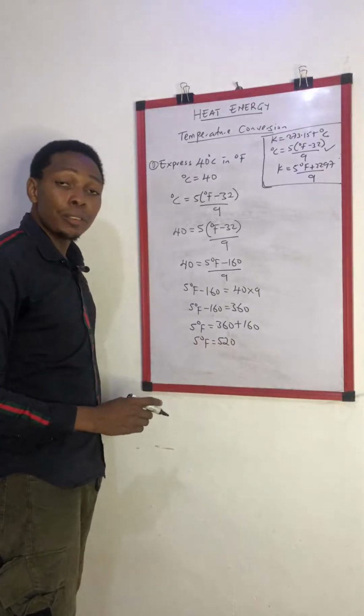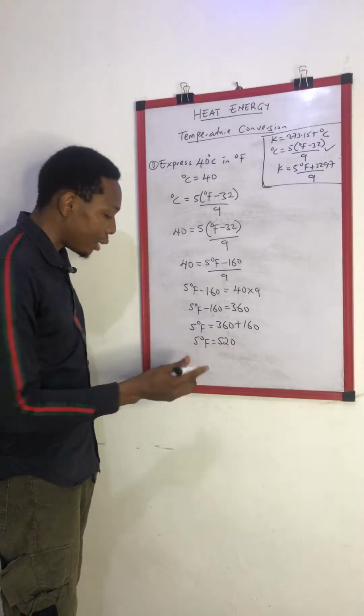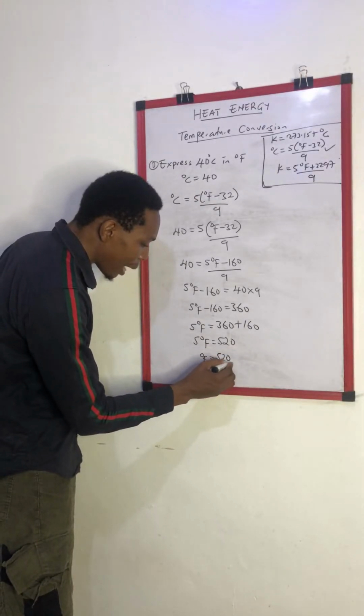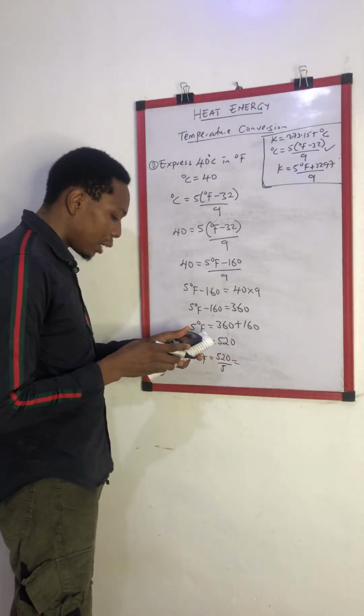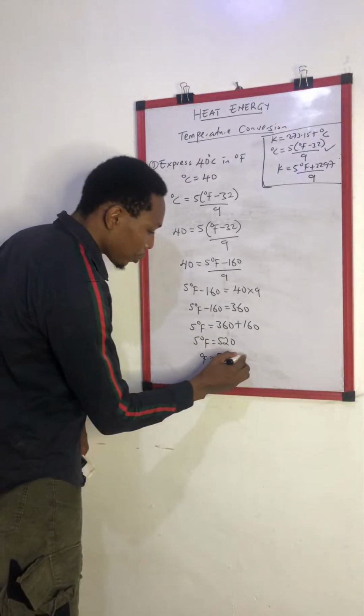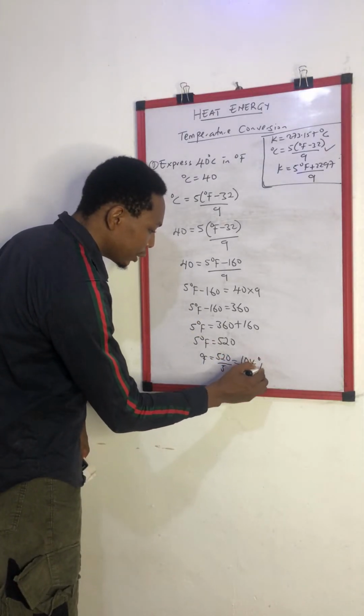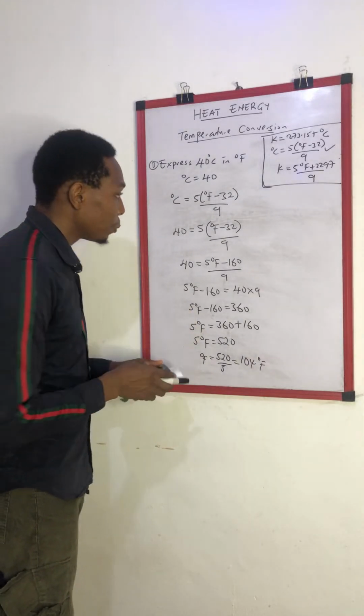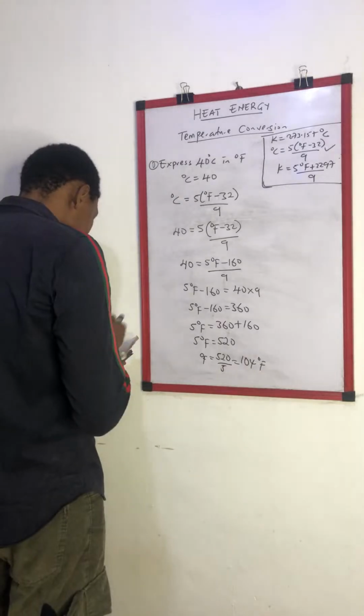Now to get our degree Fahrenheit, I will divide both sides by 5. So degree Fahrenheit equals 520 divided by 5, and we are going to have 104. So 104 degree Fahrenheit. So that is for that. So copy that and let's move to the next phase.